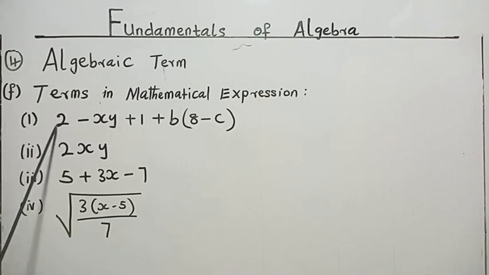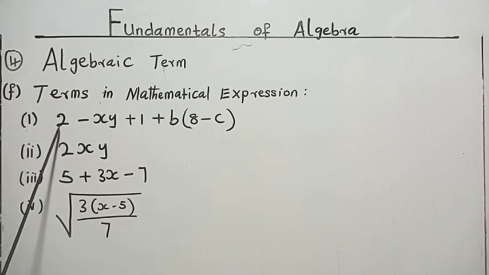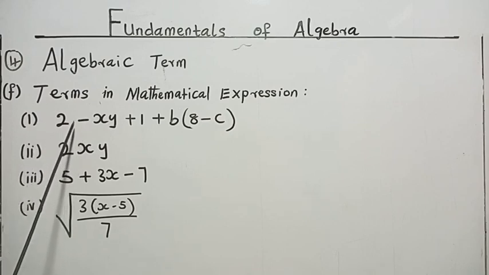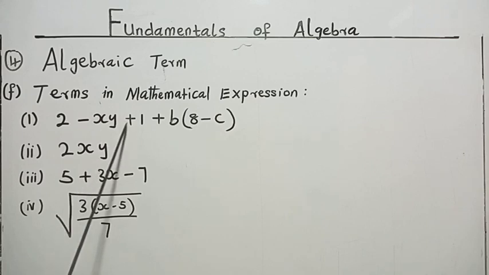Now, 2 minus xy is not one term. Why? This is a difference, a sum.